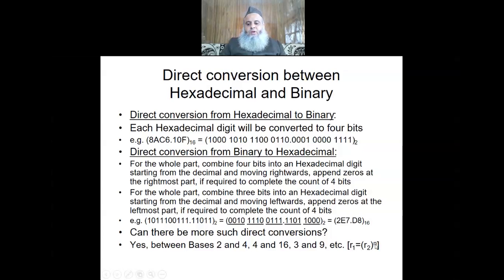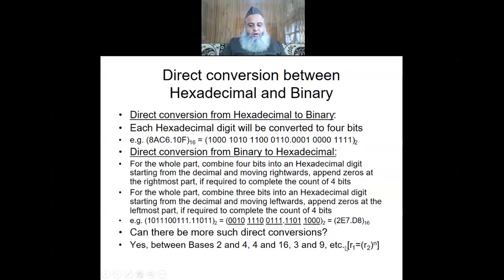For example, if R1 is 8 and R2 is 2, so whenever there are exact powers, we know that 8 is 2 to the power 3 exactly. So we can do it between octal and binary. Similarly, if R1 is 16 and R2 remains 2, then 2 to the power 4 is 16.